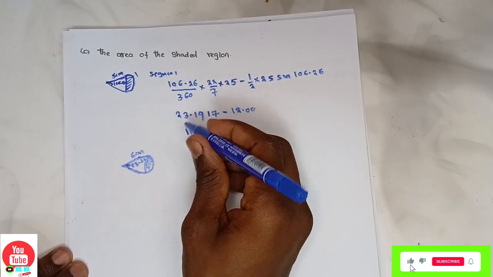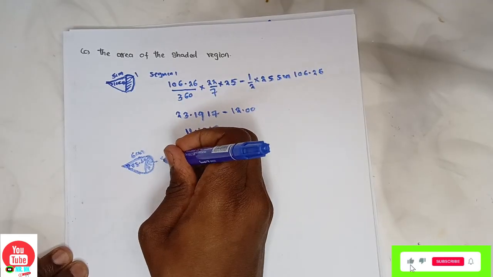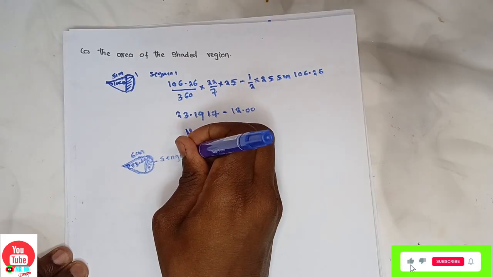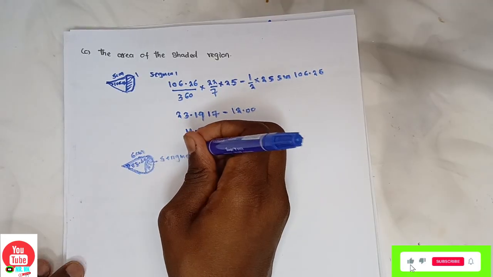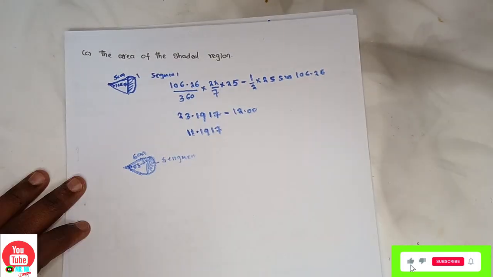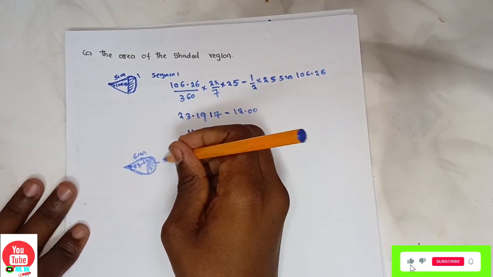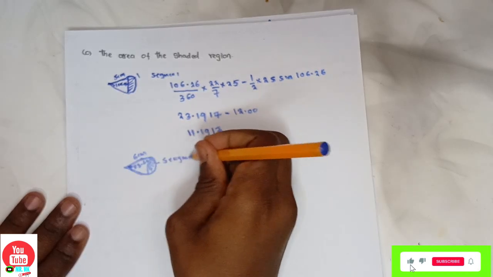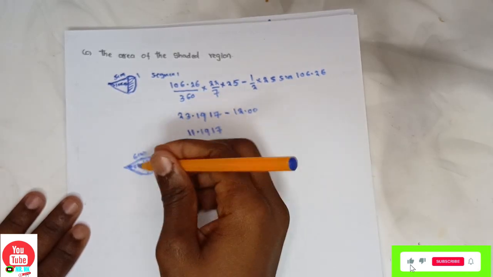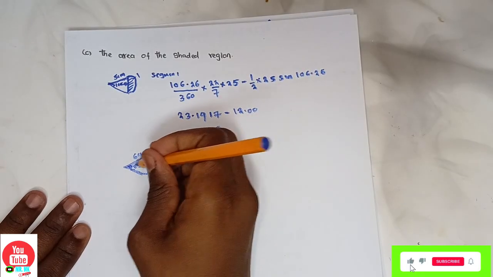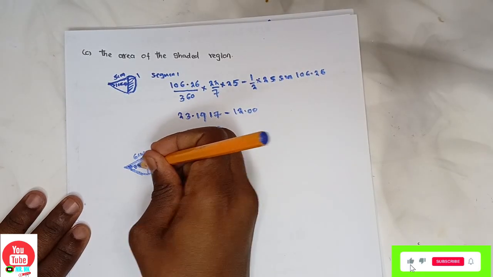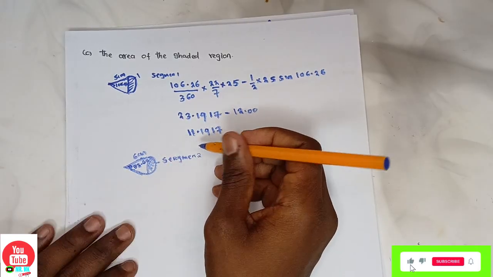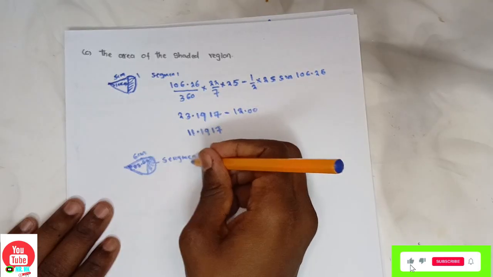Now let's say this was segment 2. Here we have 6 centimeters. The angle in between we have 83.62. Now to get it, let's say theta over 360.